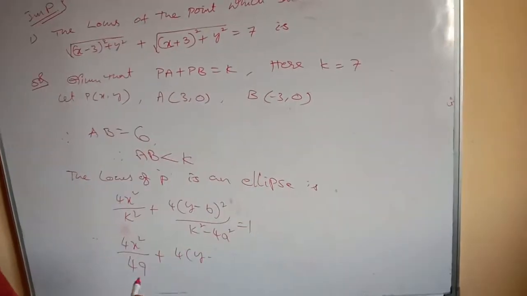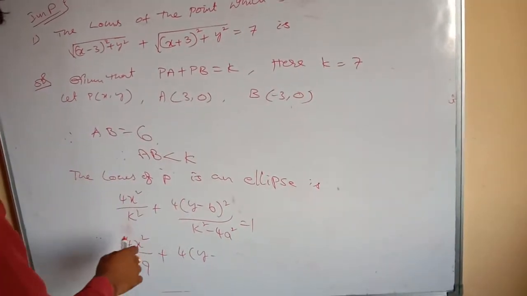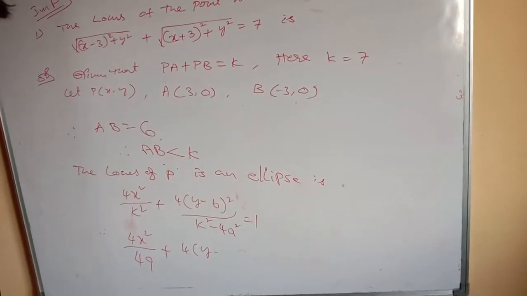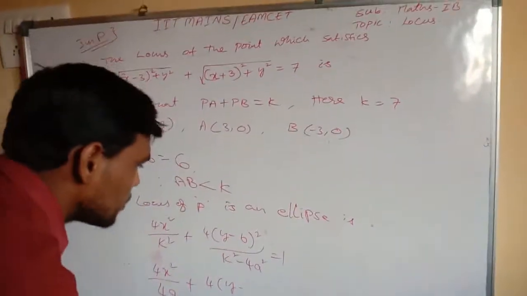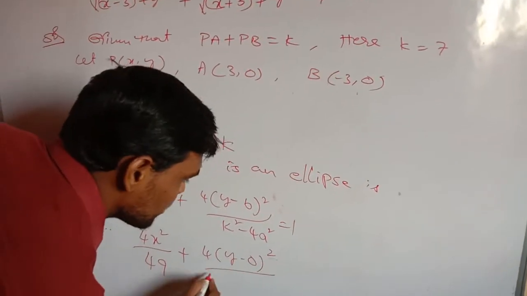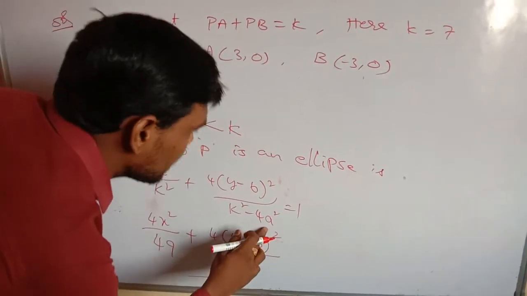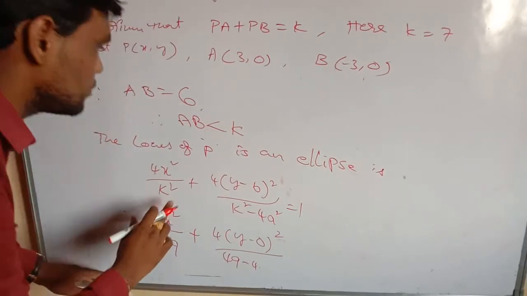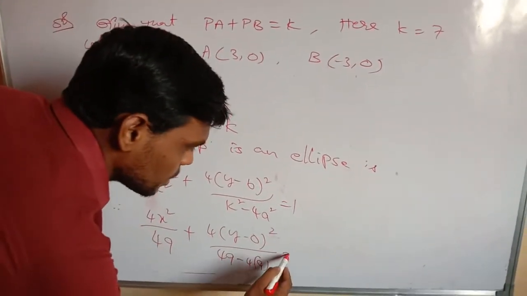Where is b? b is 0, so (y − 0)² by k², meaning 49 minus 4 into a². Here a² is 3², that is 9, equal to 1.